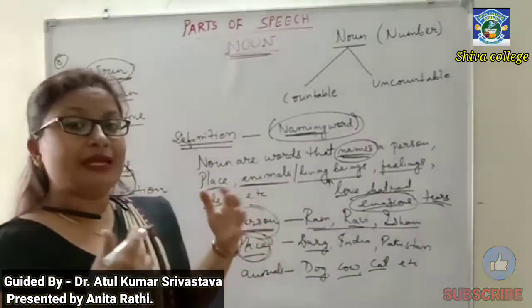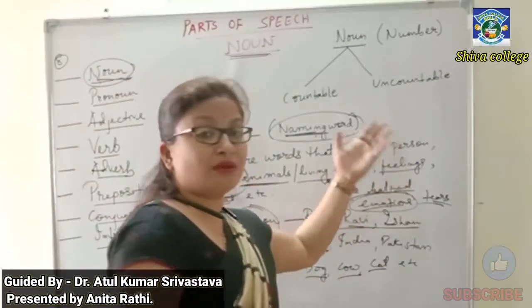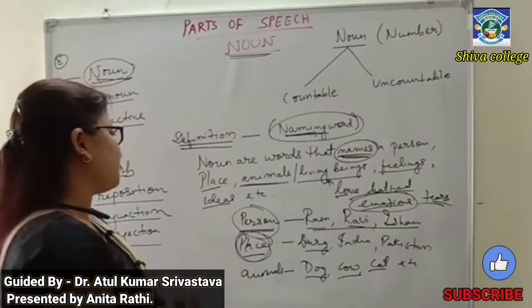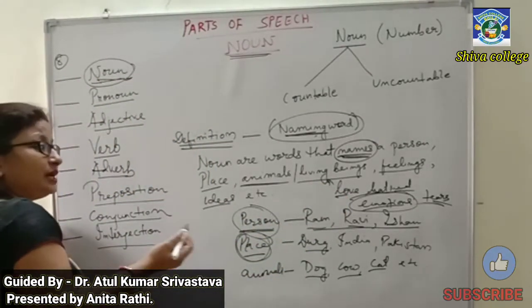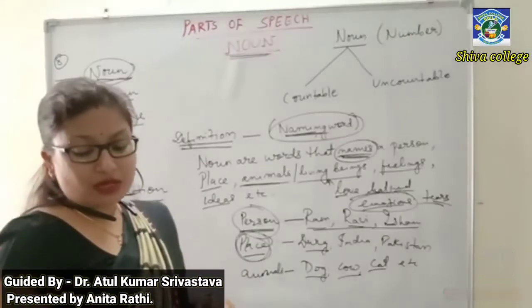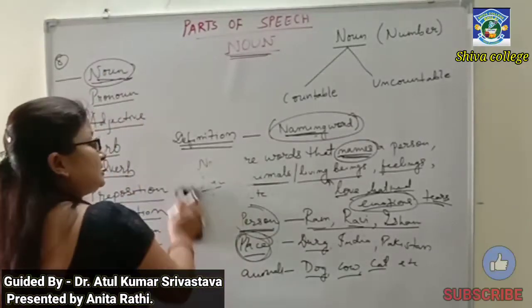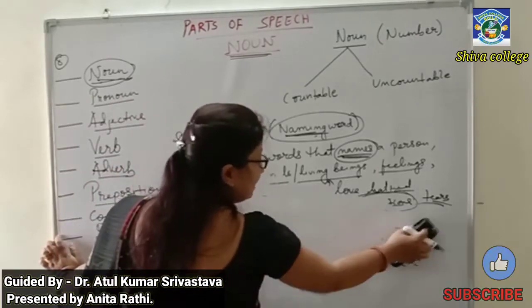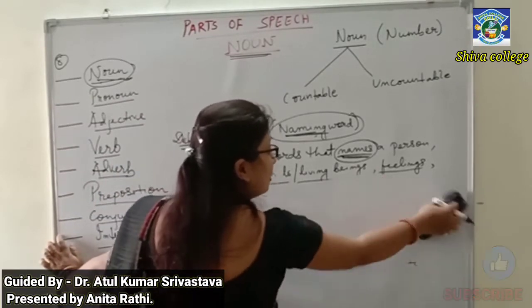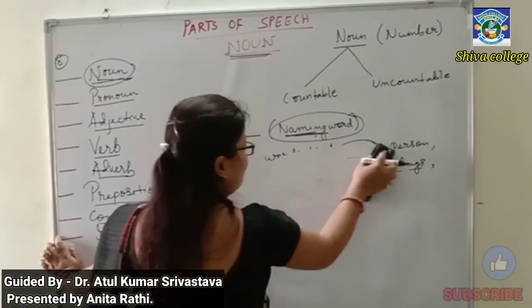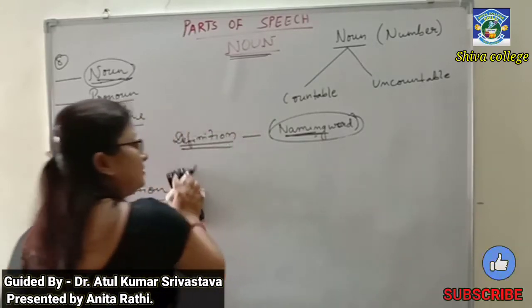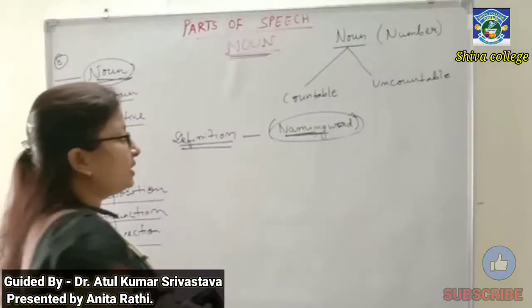So when we name the emotions, when we give a name to our feelings, it is also called noun. Ideas also you can term as noun. So in this way, we can understand that noun is the name of a person, place, animal, thing, and it is also called a naming word. Why naming word? Because it talks about the name of a person, place, animal, thing.